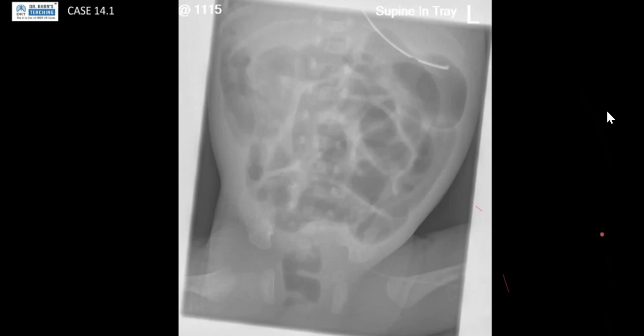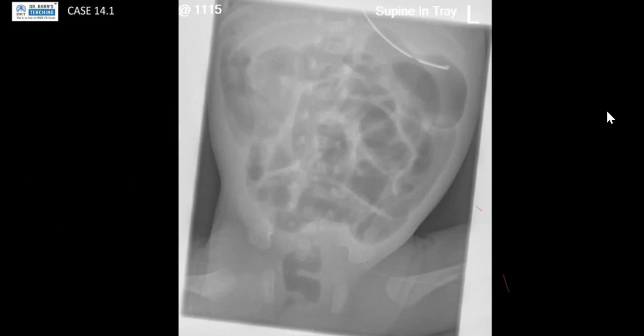Okay, yes. I'm provided with a frontal radiograph of an immature infant. I see there is a nasogastric tube passing to the gastric region, the stomach. I see multiple dilated bowel loops in the center of the abdomen. In the right hypochondrium, I see there is some mottling of the bowel loop at the wall.